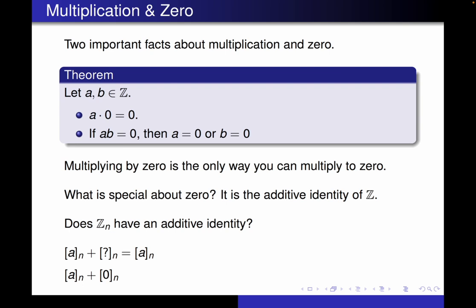The reasonable thing to try is 0, our additive identity in the integers. If I look at the congruence class that contains 0, that seems like a good candidate for the additive identity for Zn. We know how to add two congruence classes together: we just take representatives, a and 0. And the nice thing is that a plus 0 as integers equals a, so that is exactly the congruence class that contains a, and we can see that bracket 0 is the additive identity in Zn.